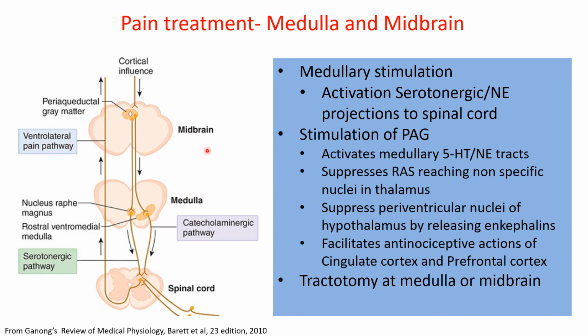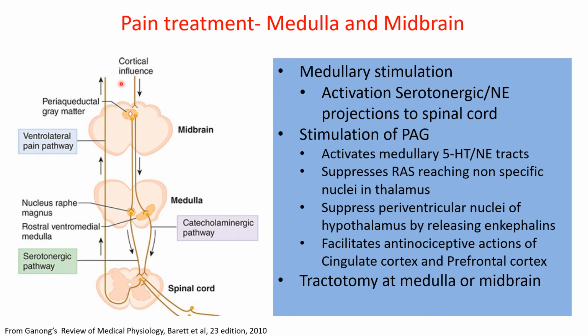At the same time, the periaqueductal gray matter releases enkephalins. Because of the large amount of enkephalins, they will suppress the reticular activating system that carries the pain inputs into the thalamus, the non-specific nuclei of the thalamus.